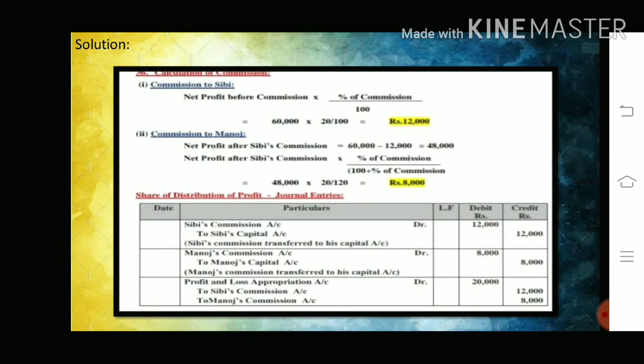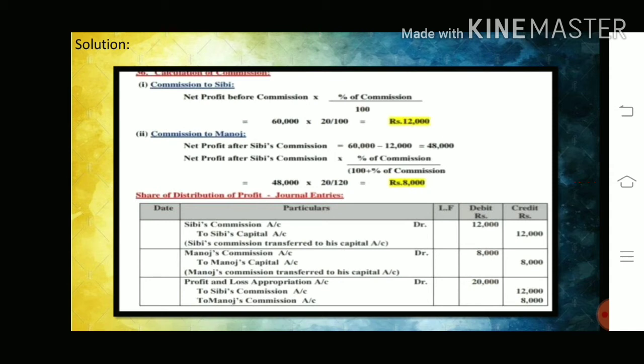First one, Sibi is to get a commission of 20% of net profit before charging any commission. The net profit for the year ended 31st December 2018 before charging any commission was rupees 60,000. So the commission of Sibi, what is the formula?